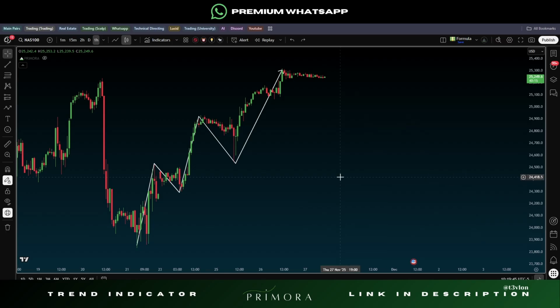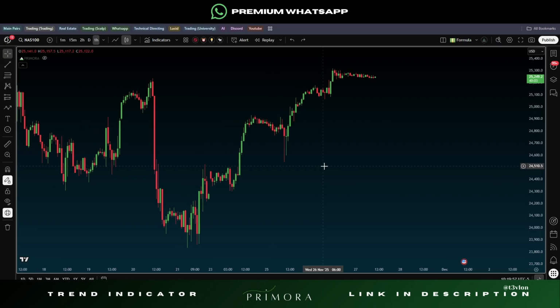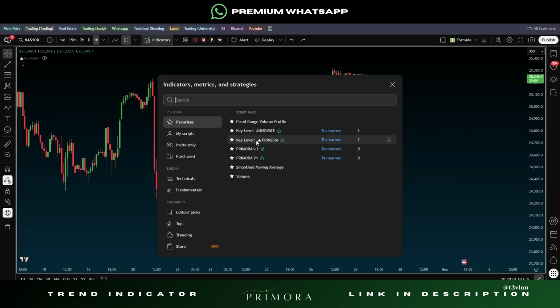You now understand these things. The last thing for you to do now is to add something here as confluence that helps you navigate, or helps you look for a specific thing. And for me, that makes it easier, is a smooth moving average.